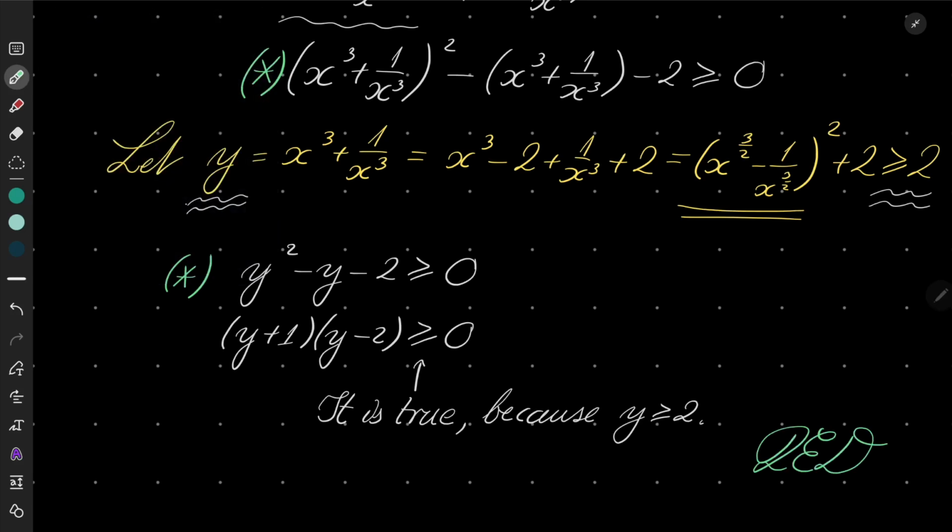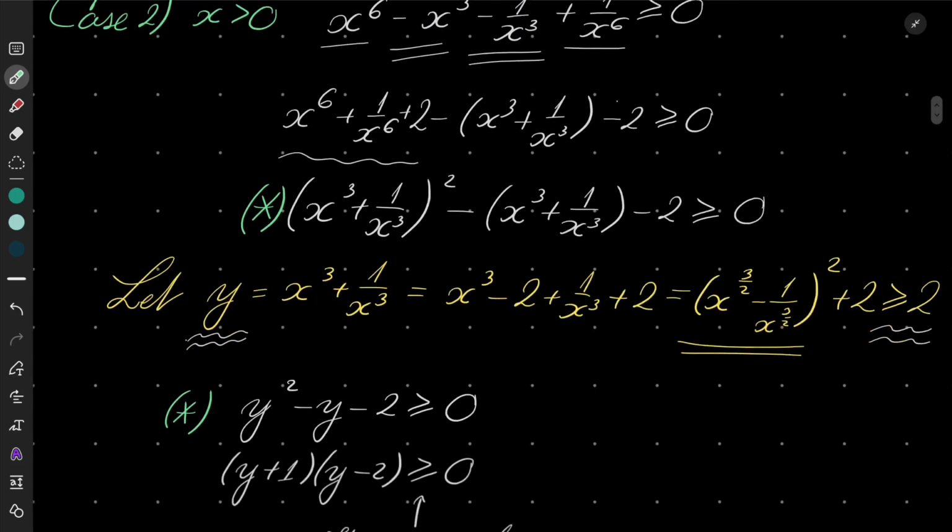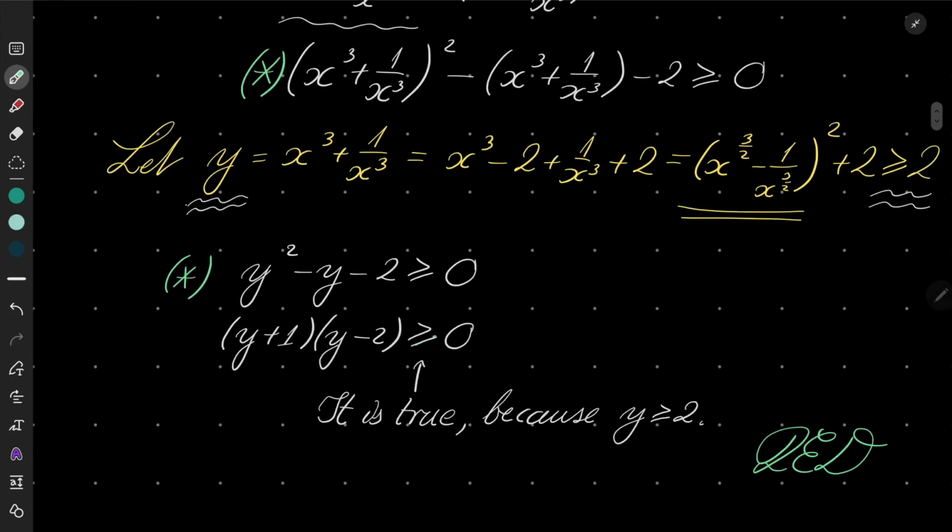Quod erat demonstrandum. And one last remark before you go. When is equality actually attained? Well, it's pretty easy to see that in the case where x was negative, there was always strict inequality. So if equality is to be achieved here, given that y is greater than or equal to 2, we see that to attain 0, y must be equal to 2.